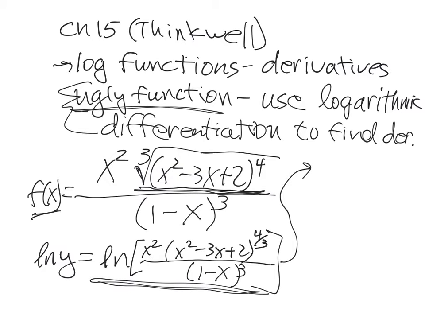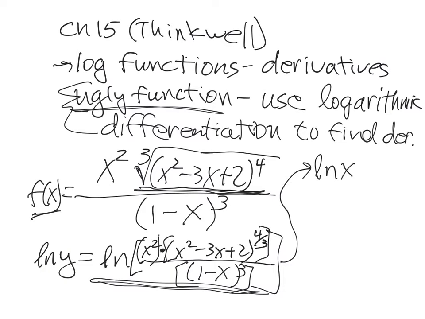We can look kind of at this in three parts. We've got x squared times this part and then divided by this part. When we multiply inside a logarithm, we can do what? Okay, break it up and add them.